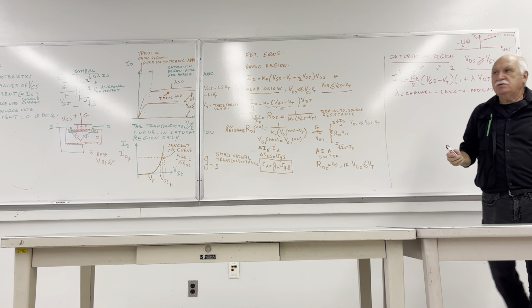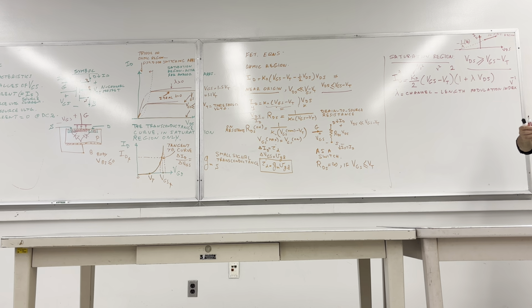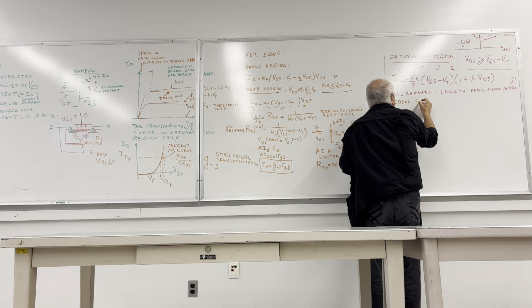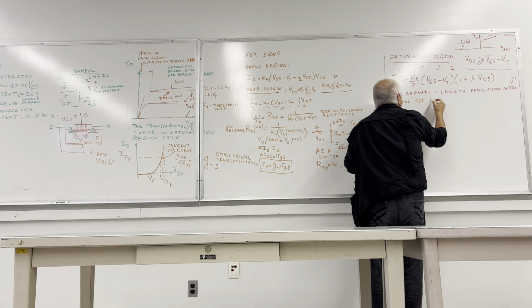So if we want to analyze the transistor really based on the data available, we should know what the lambda is. But mostly, people disregard lambda. Lambda is equal to 0. So here, I will write the ideal FET. Lambda is 0.